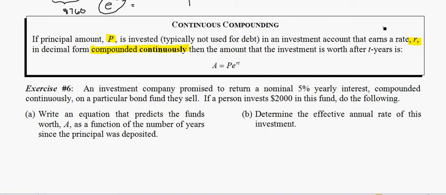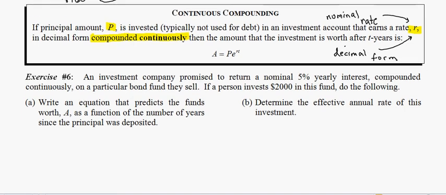Let me point out some other things. This is a nominal rate. It's not actually what you're getting. Sometimes it's called the instantaneous rate. The r is in decimal form. So if you had 5%, as we will in the next problem, it'll be 0.05.